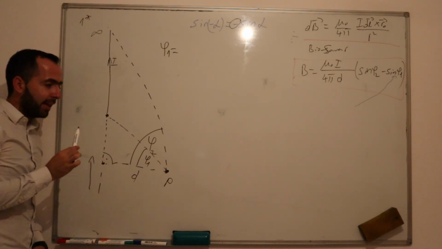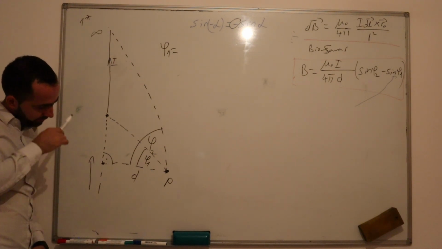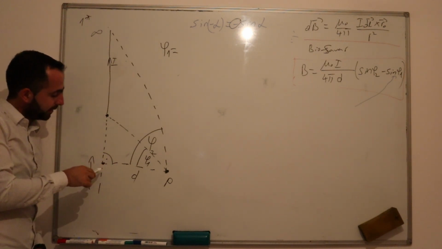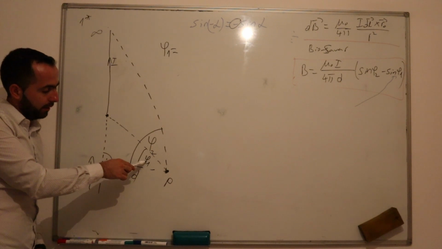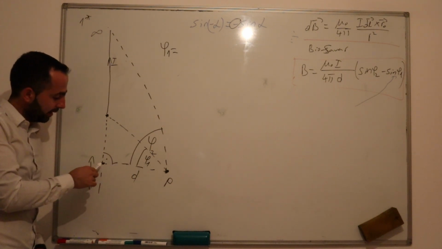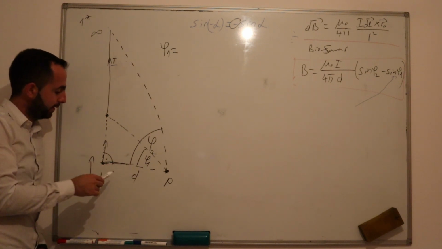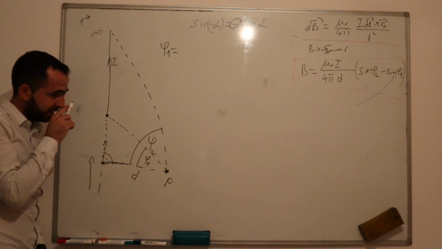Phi 1, we said, if the current comes inside of this normal, it is negative, but if it comes out from this normal of this angle, it is a positive value.